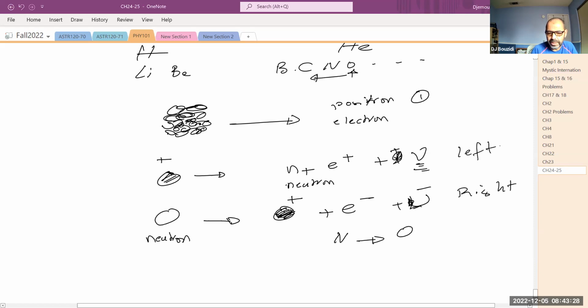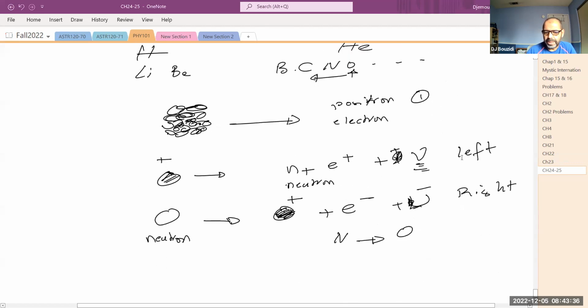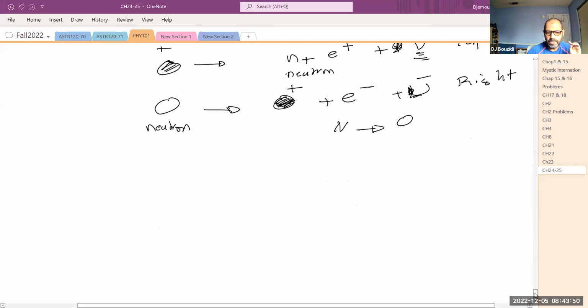This moves to the left in the periodic table, and this one also moves to the left for the alpha emission, always to the left for the alpha emission, okay? So the beta decay can do this. There is a third beta process that I didn't mention, and actually it goes through something else called electron capture.